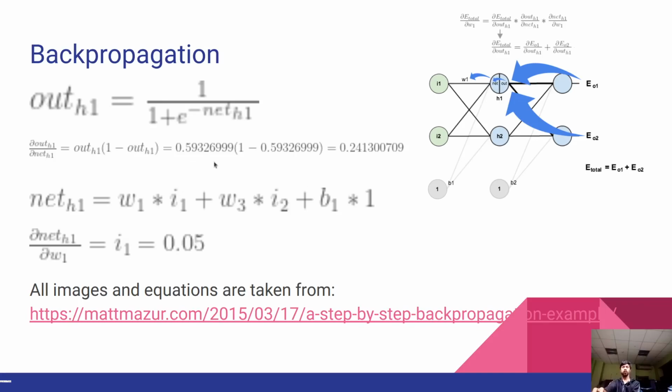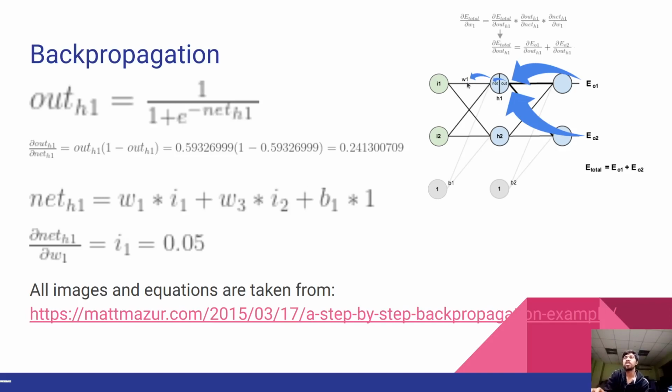Okay. So, out H1, this one was the output of this layer. So, if we take this, it is like 0.2413, this value. Okay. And so, this is the derivative with respect to the sigmoid here, and then net H1. How are we calculating the net H1?